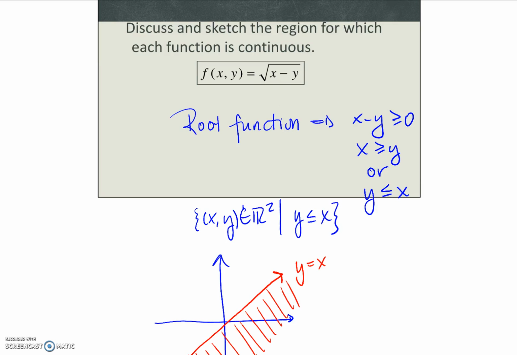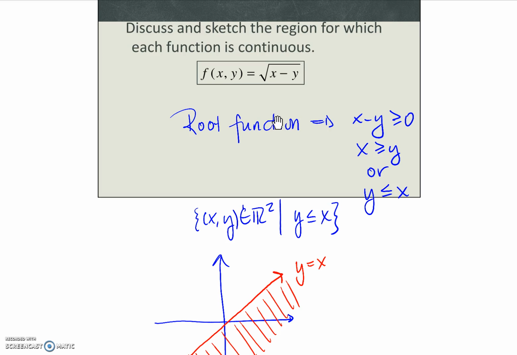And here we have a second example. Now notice that this particular function has a square root in it. So it's a root function. And we know that root functions are continuous on their domain. That means that what is under the radical, or the radicand, has to be greater than or equal to 0.